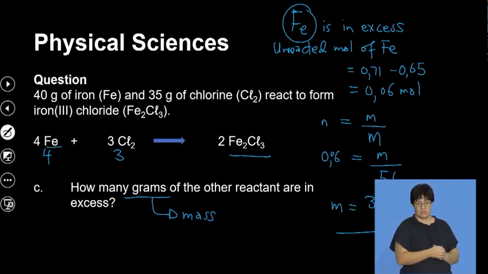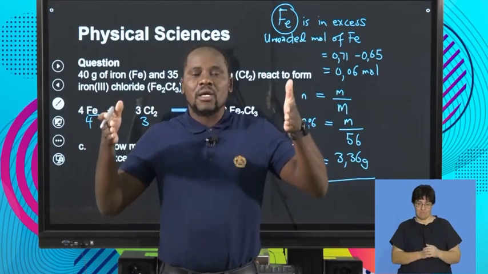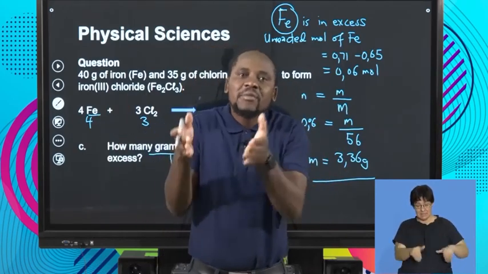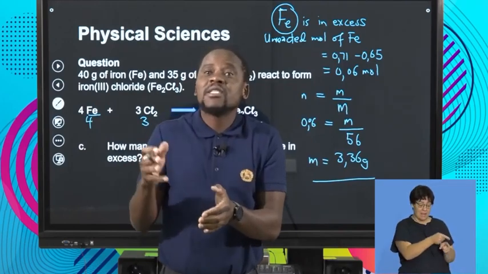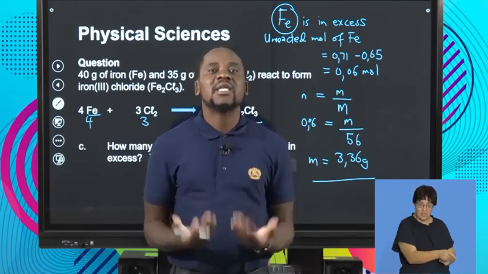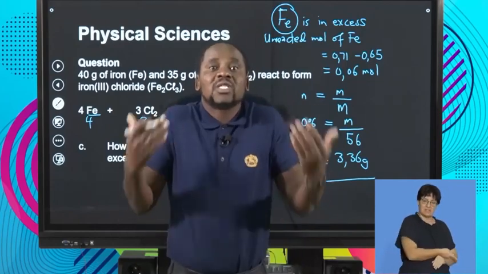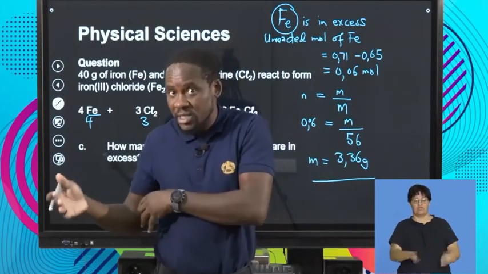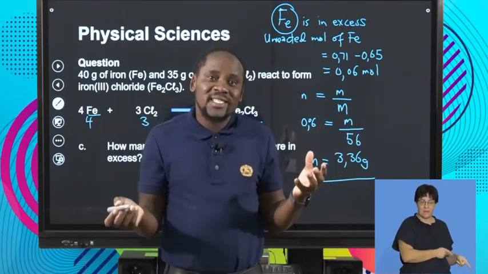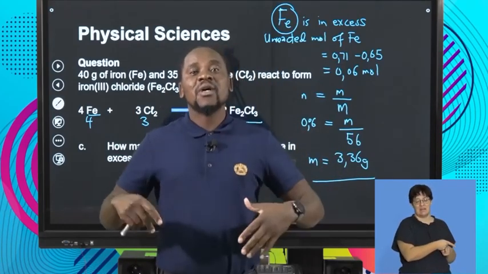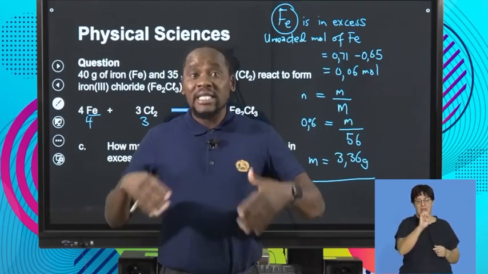So in terms of language, let's pay attention to that. A limiting reagent gets used up, okay? And once that limiting reagent has been used up, the reaction stops, and then we say that the reaction has reached completion. For the other substance that is not the limiting reagent, we describe it as being in excess.